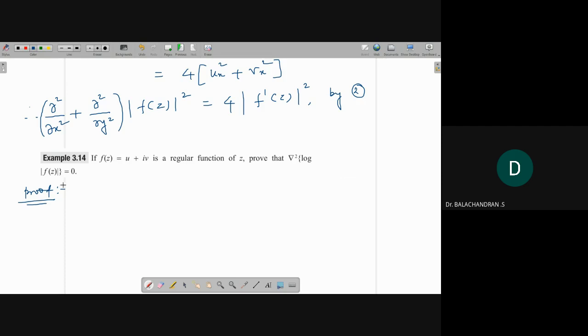Del square of log of mod f of z. First, what is f of z? Let f of z equal u plus iv be an analytic function.